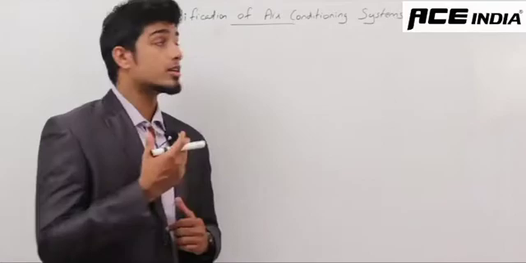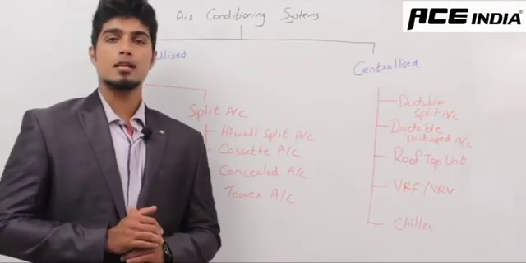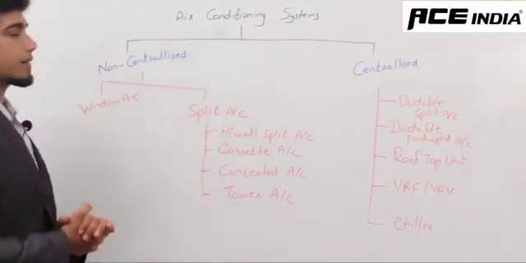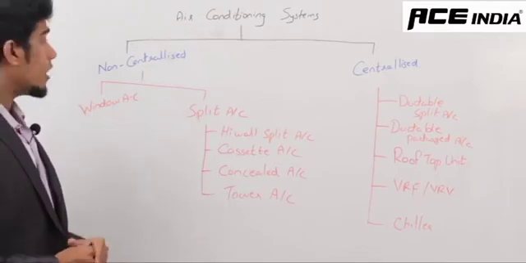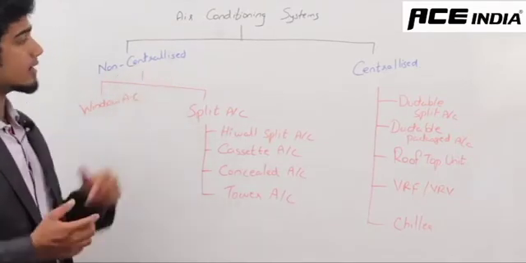Now we'll look more into detail of our classification of air conditioning systems. The classification of air conditioning systems can be represented in this diagram. Air conditioning systems are classified into non-centralized and centralized systems.